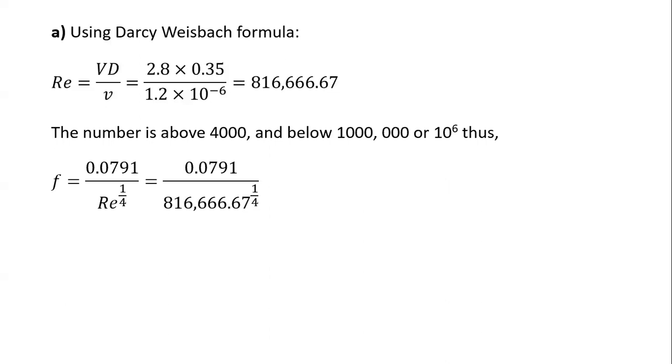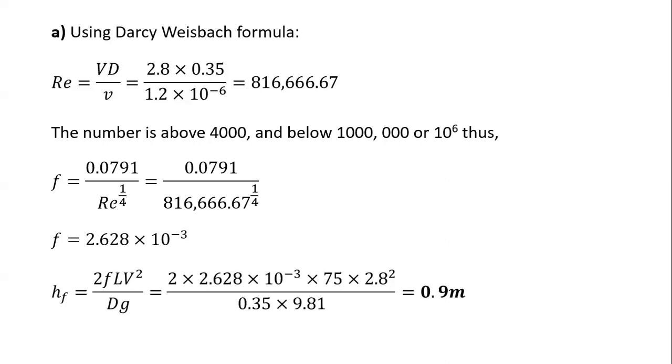Actually, this is turbulent flow. So 0.0791 over 816,666.67 raised to that power. We just want to find the value for the coefficient of friction. So we have 2.628 times 10 to the negative 3.